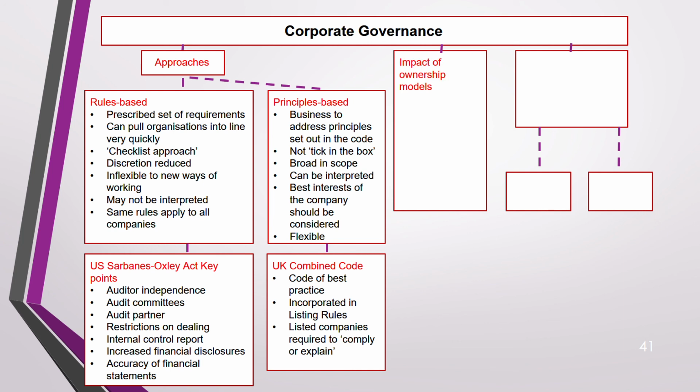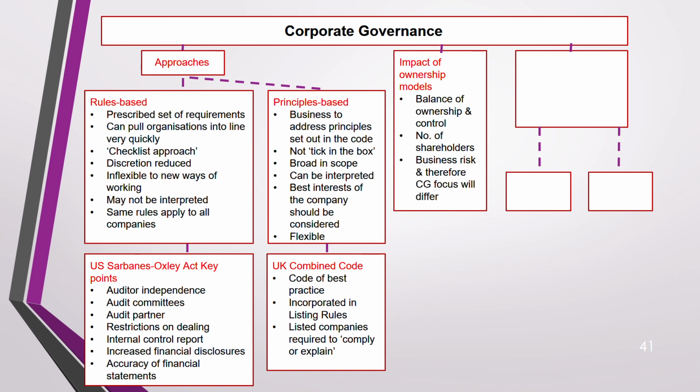Then we went through the impact of ownership models. The balance of ownership and control, that means family versus outsider shareholders. The number of shareholders, small or big. Business risk, and therefore CG, meaning corporate governance, focus will differ.